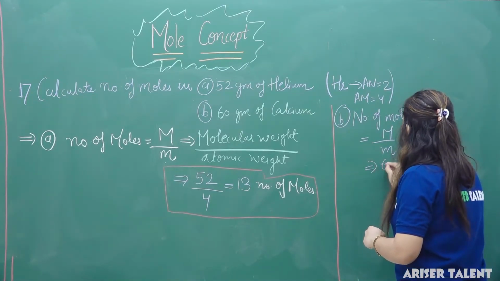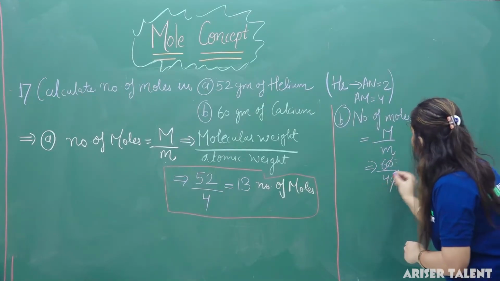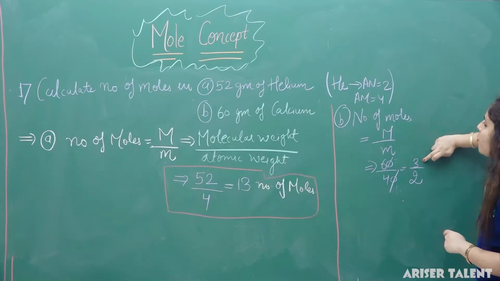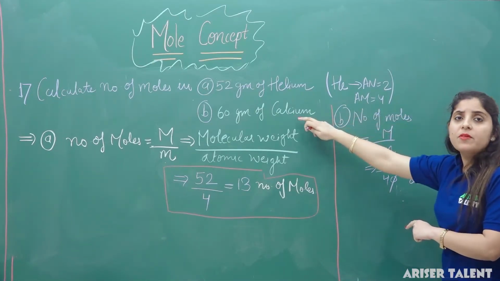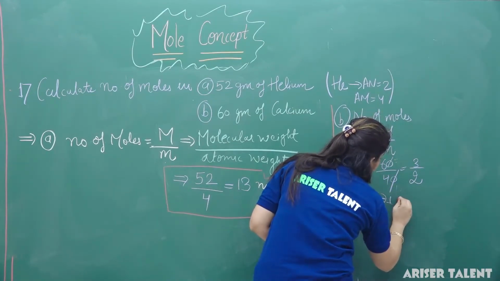So we will write 60 upon 40. If we are going to solve this equation, we will get 3 by 2 here. So the number of moles present in 60 gram of calcium will be 3 by 2 mole, that is equal to 1.5 mole.